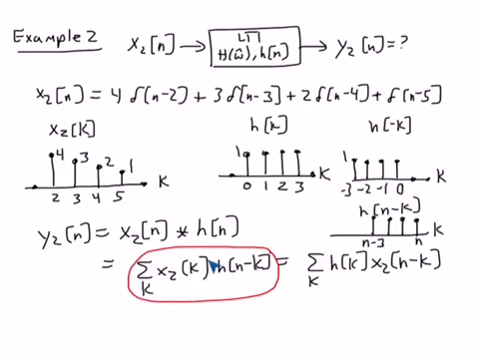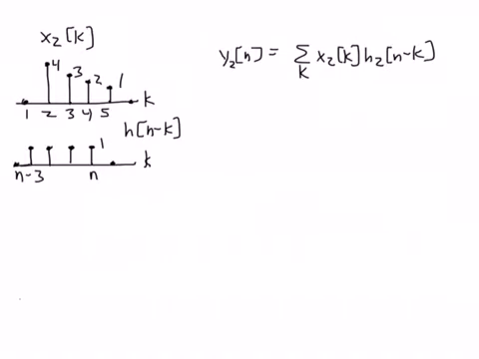And so I'm going to successively calculate outputs for each possible n, multiply the two signals and then compute the sum. So let's do this on another slide. Okay, so I've just repeated my sketches of x2 of k and h of n minus k. And so if n is a really large negative number, then this signal is shifted all the way over here.